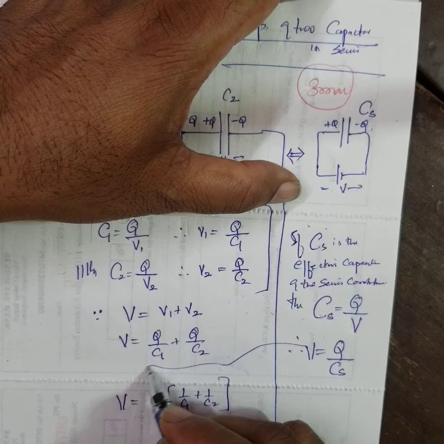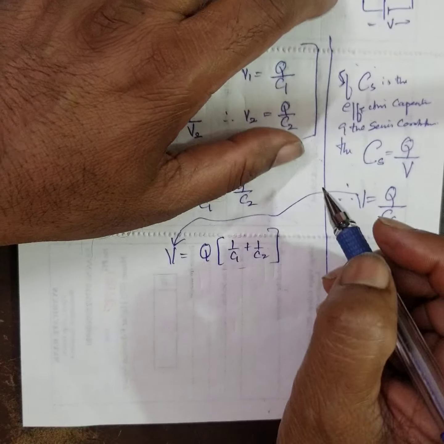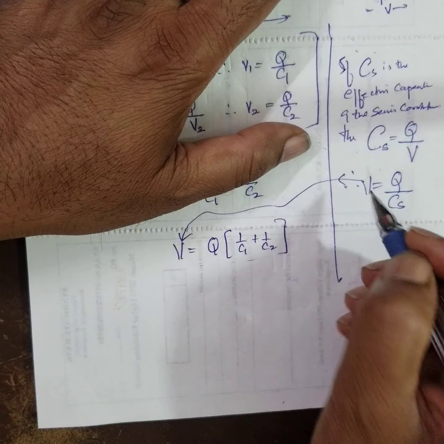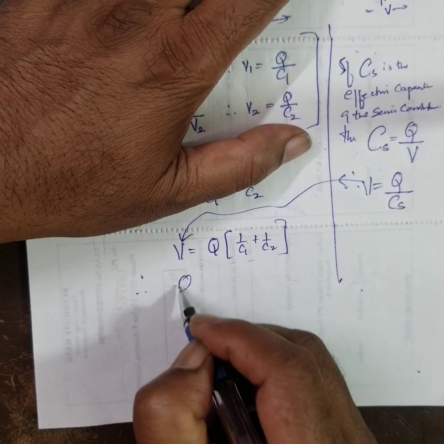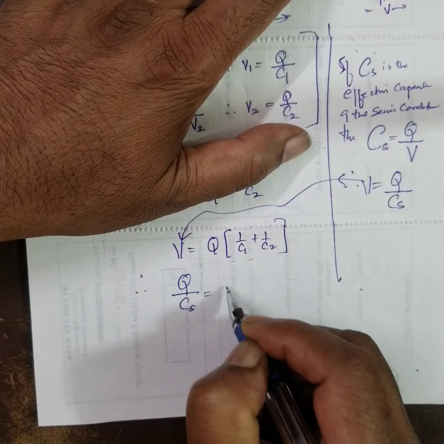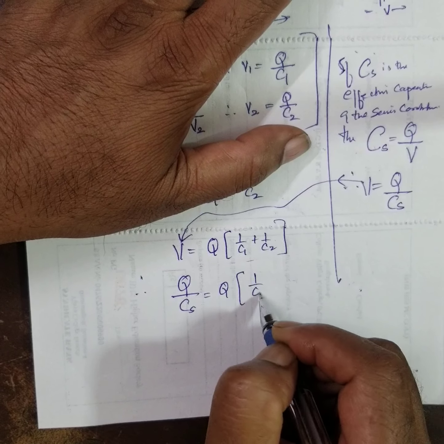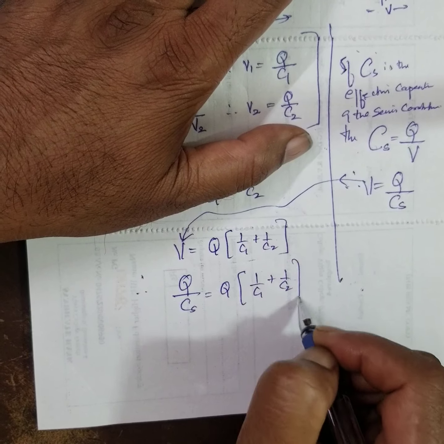Now this V you substitute here. In the examination we can write like this. Therefore, Q by CS is equal to Q times 1 by C1 plus 1 by C2.